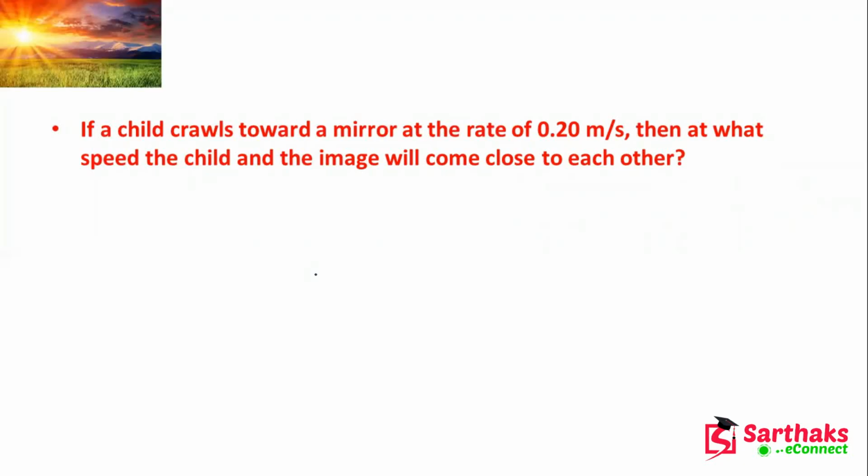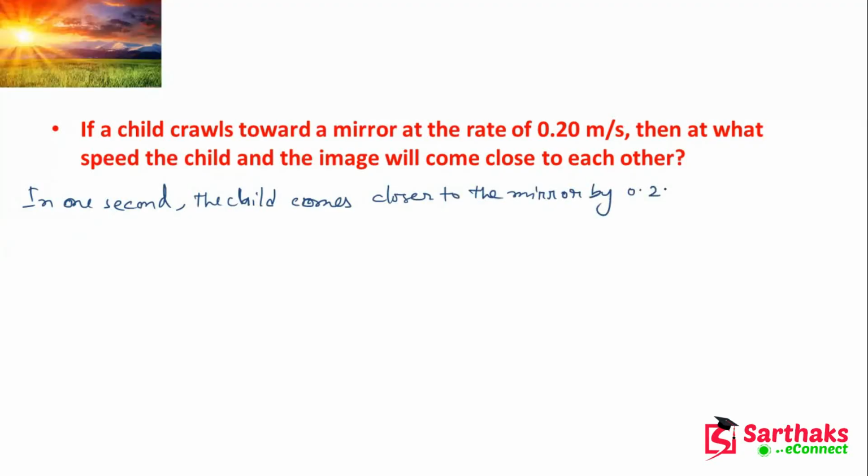Right? Next, if a child crawls towards a mirror at the rate of 0.2 meter per second, then at what speed will the child and the image come close to each other? So, in 1 second, the child comes closer to the mirror by 0.2 meters.